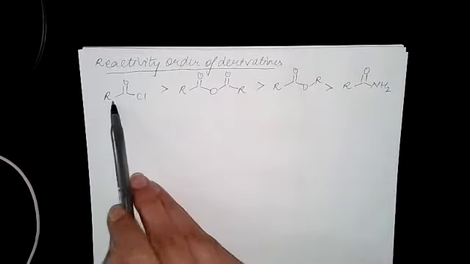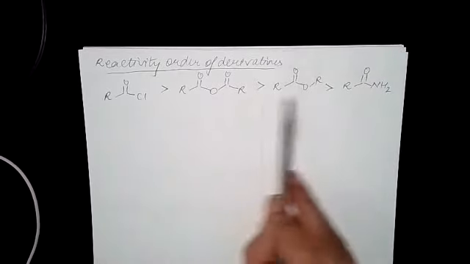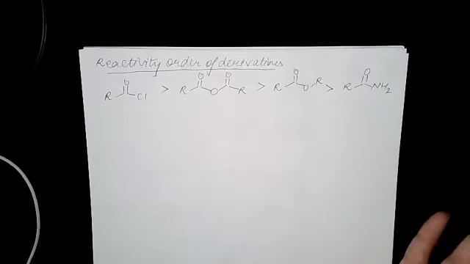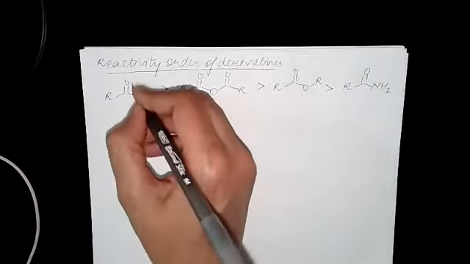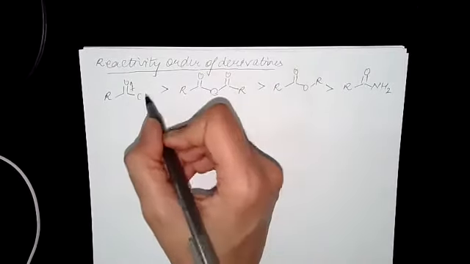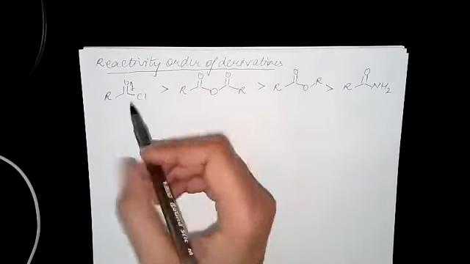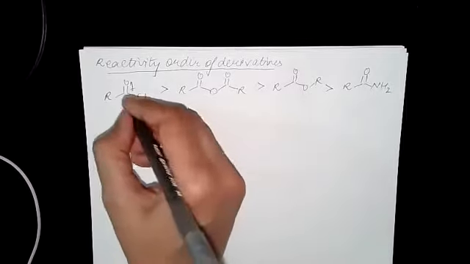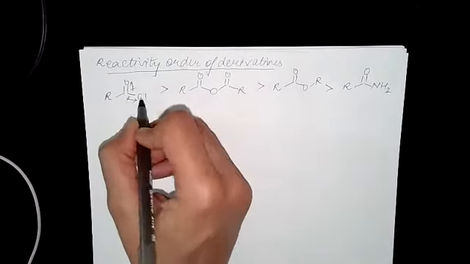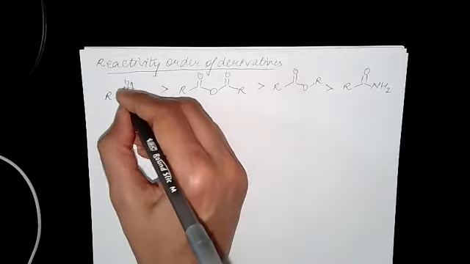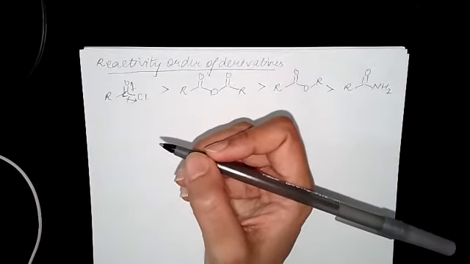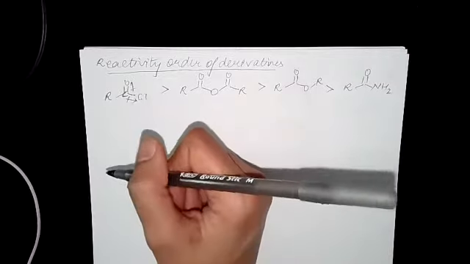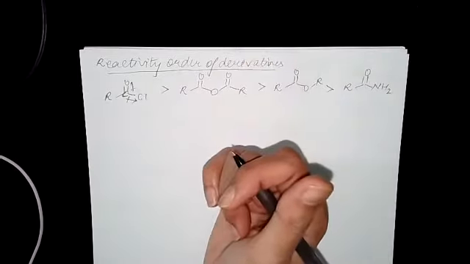Now, the reactivity depends on several factors. For example, where is the induction going on? What kind of a leaving group you have? You see the chlorine and oxygen both make this carbon very, very electrophilic. And this chlorine is a weak base, which makes it a great leaving group.